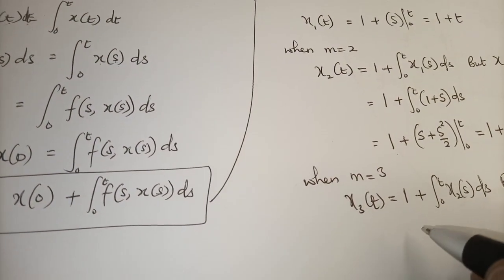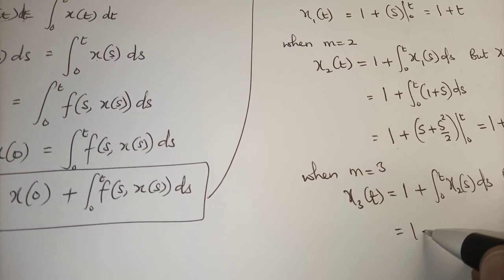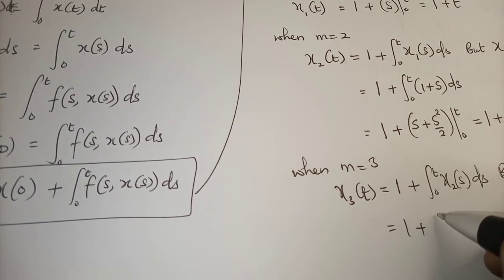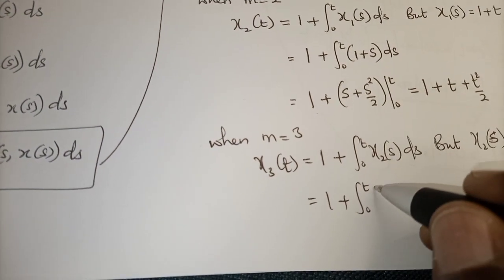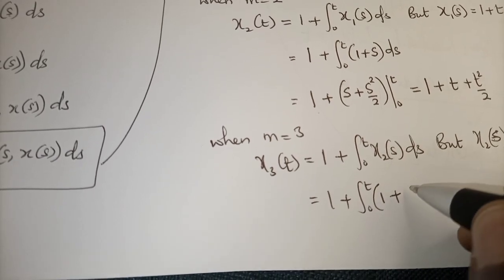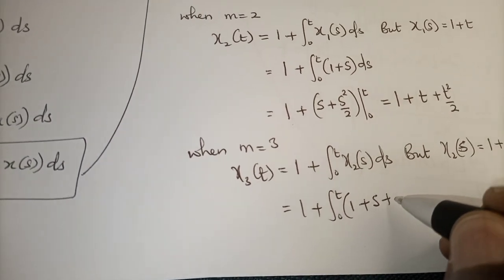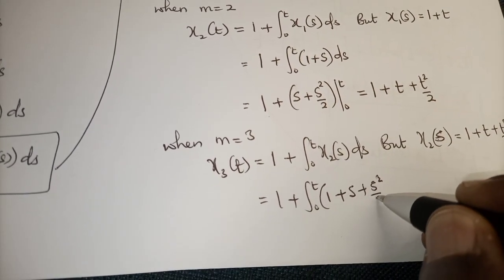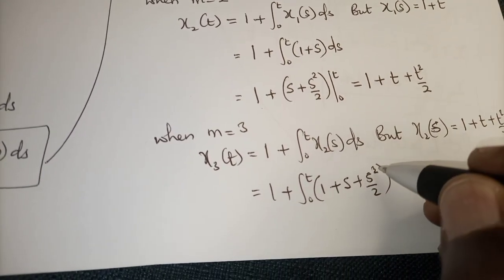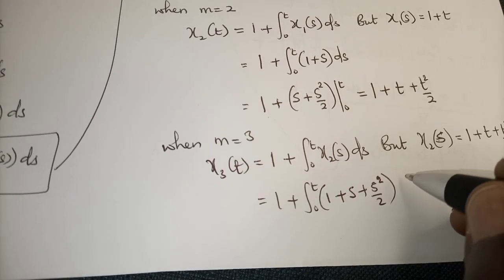So this means that we'll have 1 plus the integral from 0 to t of, in brackets, 1 plus s plus s squared on 2, ds.